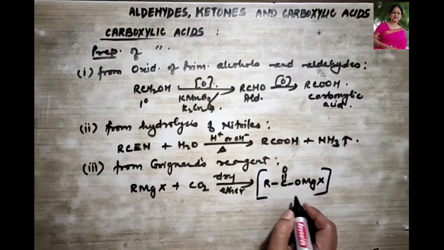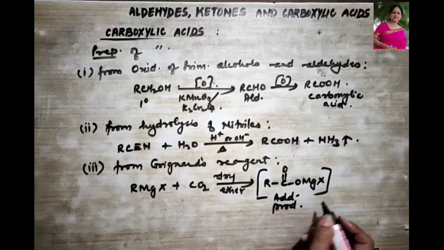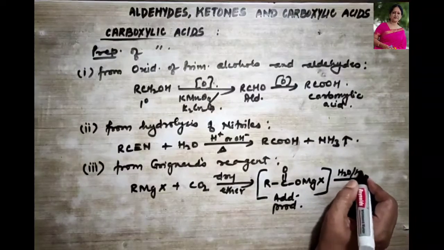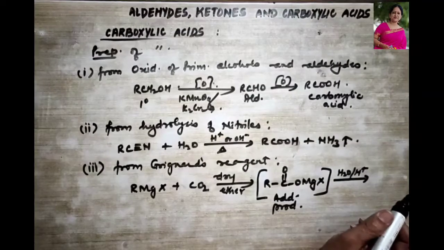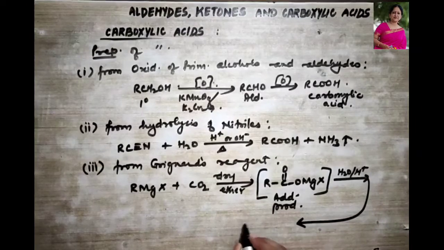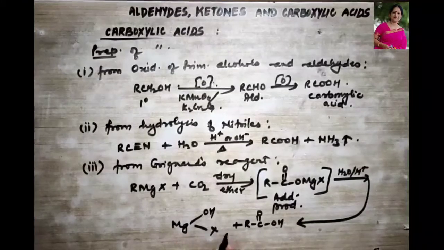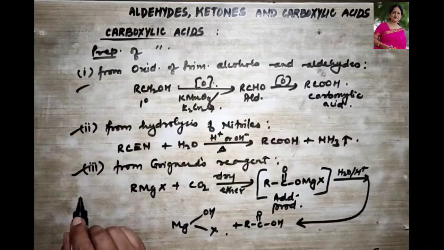This is your addition product. Further, treating it with water in the presence of an acid gives us the carboxylic acid, RC double bond O OH, plus MgOHX. So these were the three different ways of preparing carboxylic acids.